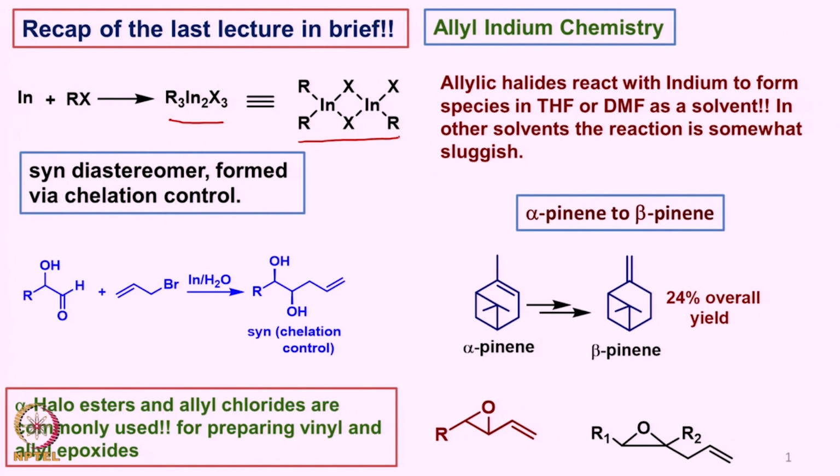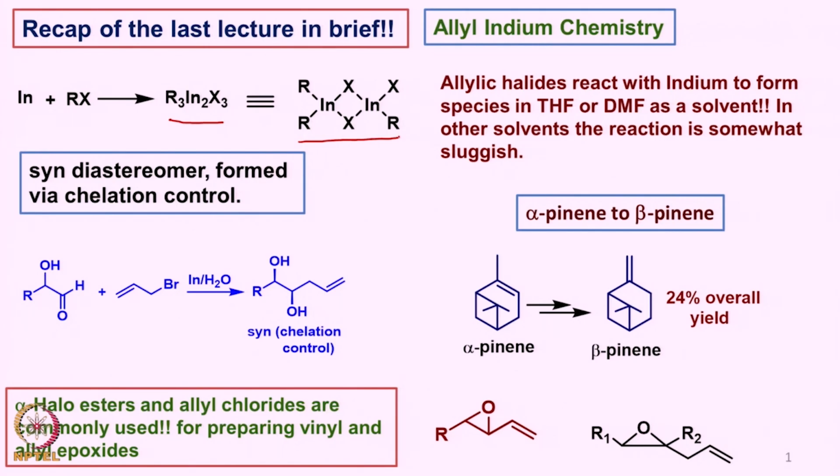That reacts with the aldehyde or a ketone, especially in DMF or THF as a solvent, because in other solvents the reaction is somewhat sluggish. And in these cases we get a mixture of syn and anti products.